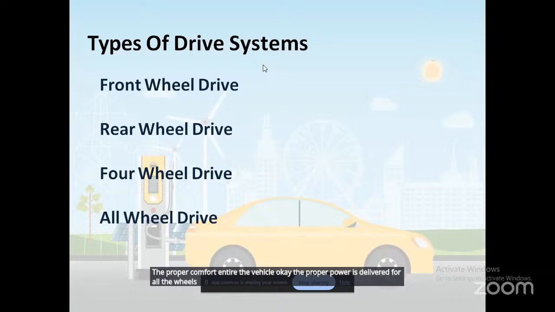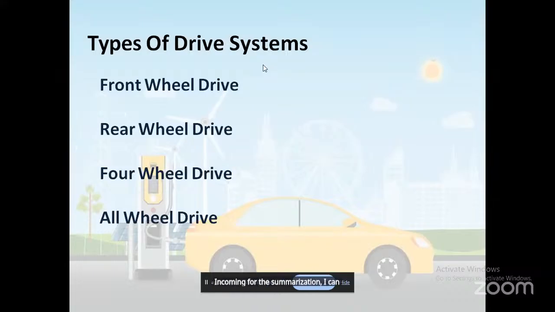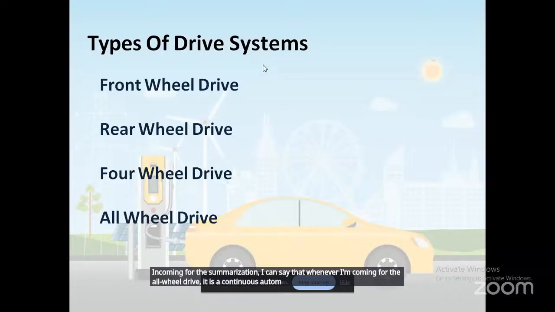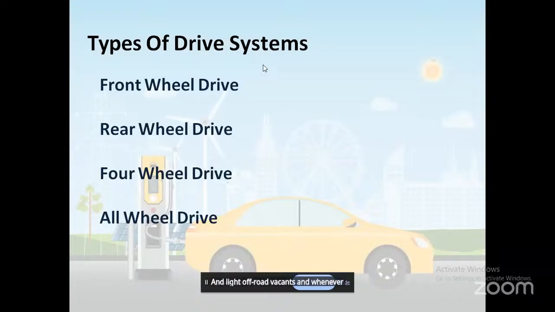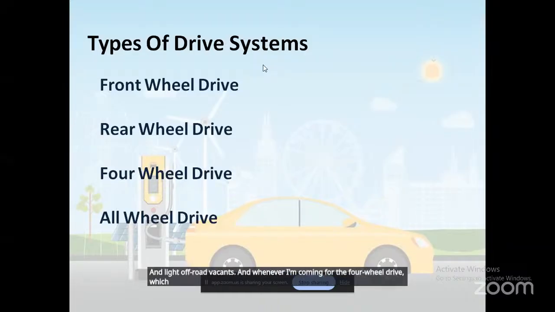So, in summary, all-wheel drive is a continuous automatic system for on-road vehicles and light off-road vehicles. Four-wheel drive offers more control to the driver, who can use it as a four-wheel drive or as a two-wheel drive based upon the road conditions.